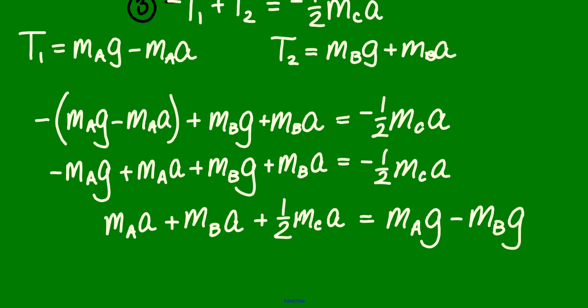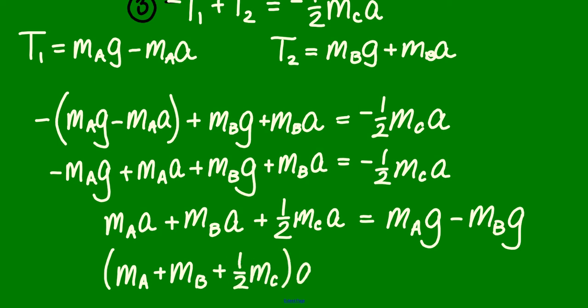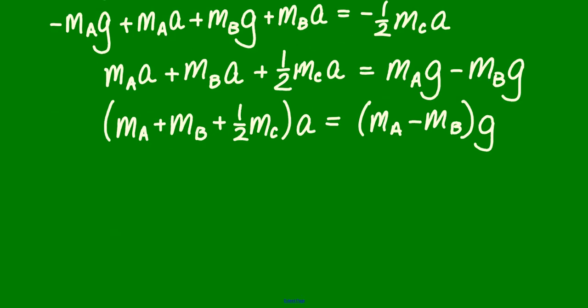Then I can factor out the acceleration from the left-hand side. So I have MA plus MB plus 1/2 MC times acceleration. I can also factor the g out to make things simpler, although it's not necessary. And I'll do it here. MA minus MB times g.